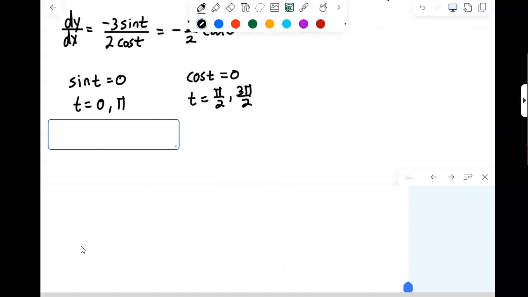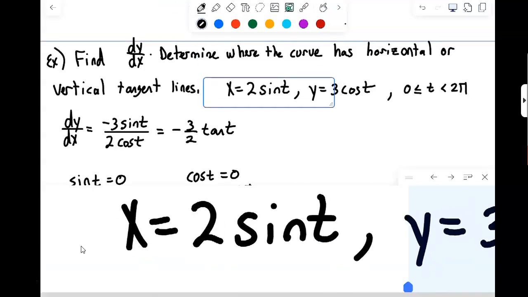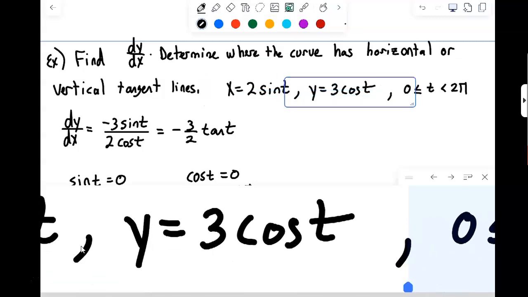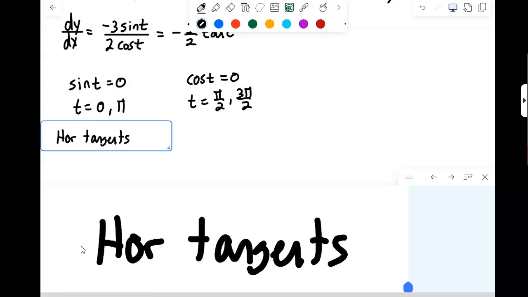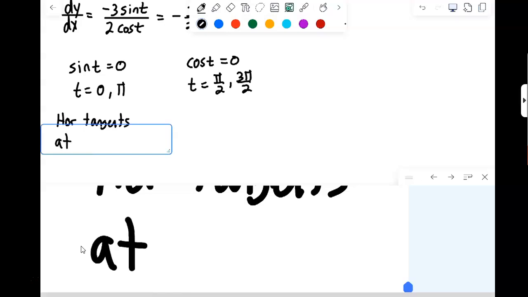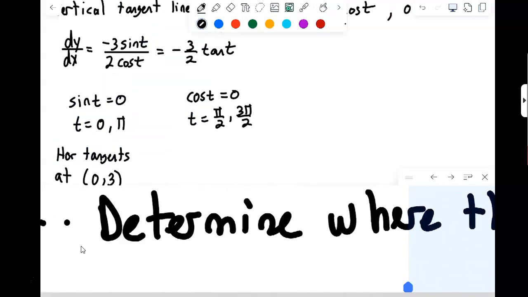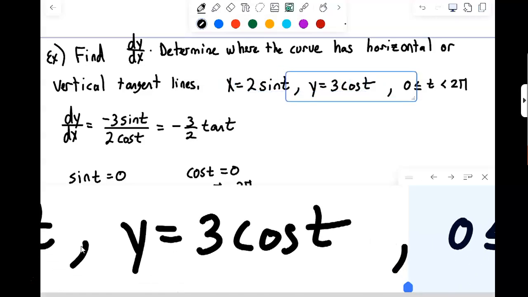So when t is 0, in other words, sine of 0 would be 0, so x would be 0, and y would be 3. So we have horizontal tangents occurring at the point (0, 3), and also at pi. Again, we plug in pi, sine is 0, cosine of pi is -1.